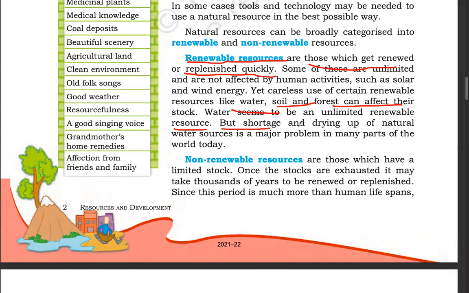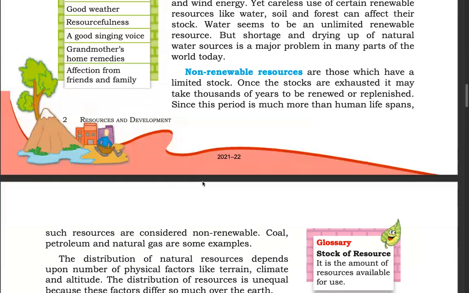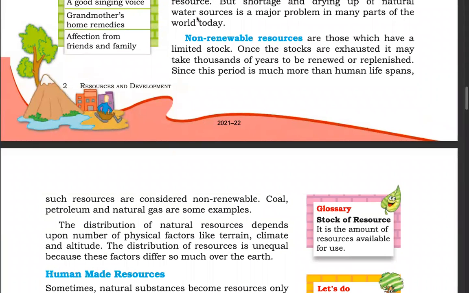Shortage and drying up of natural water sources is a major problem in many parts of the world even today, right? Many people are facing these issues of water.